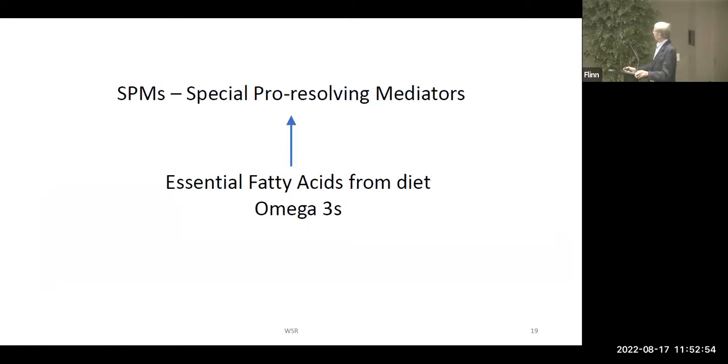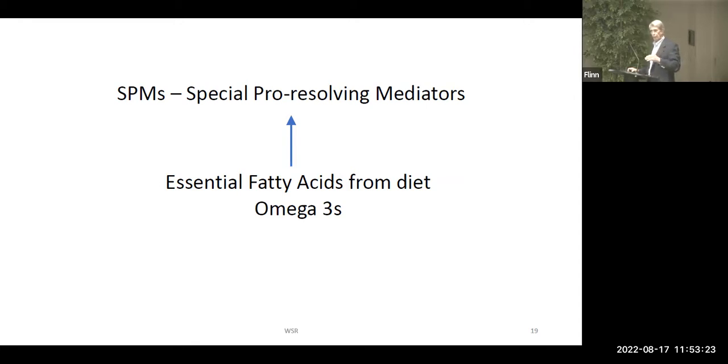So the question is now, how does omega-3, the essential fatty acids, affect inflammation? I think it's probably confusing for everybody, because I'm talking about fat and I'm talking about fatty acids and how do they relate. So I just want to make a quick point that fatty acids are a special type of chemical which bonds together to form fat.